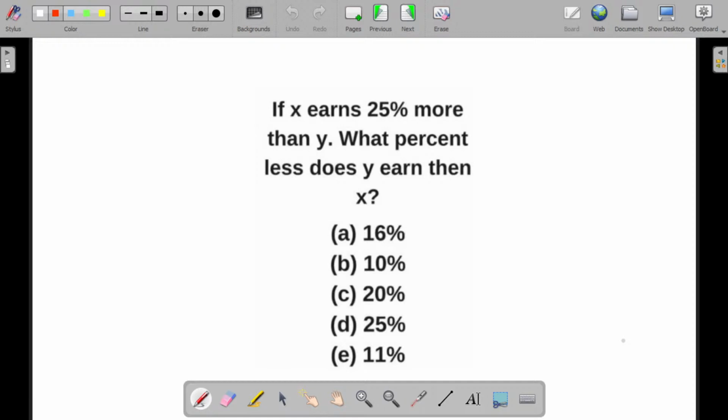If X earns 25% more than Y, what percentage less does Y earn than X?